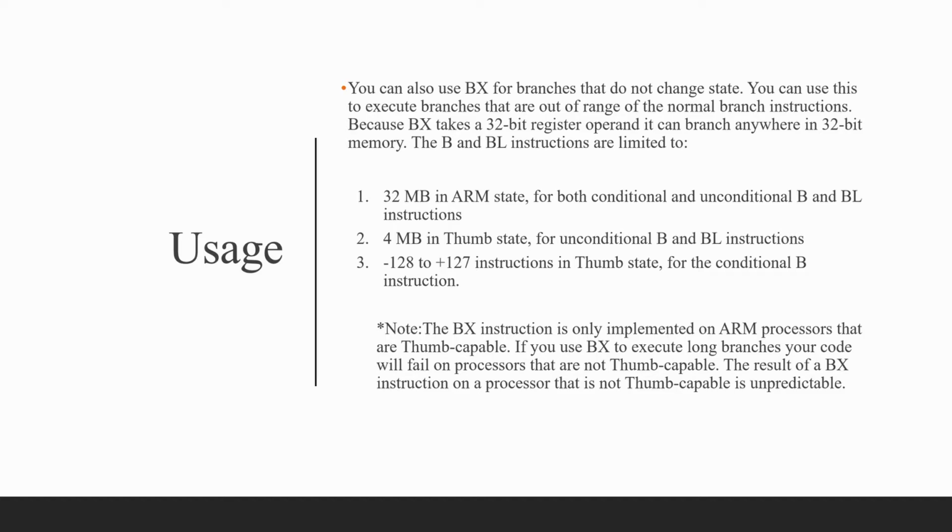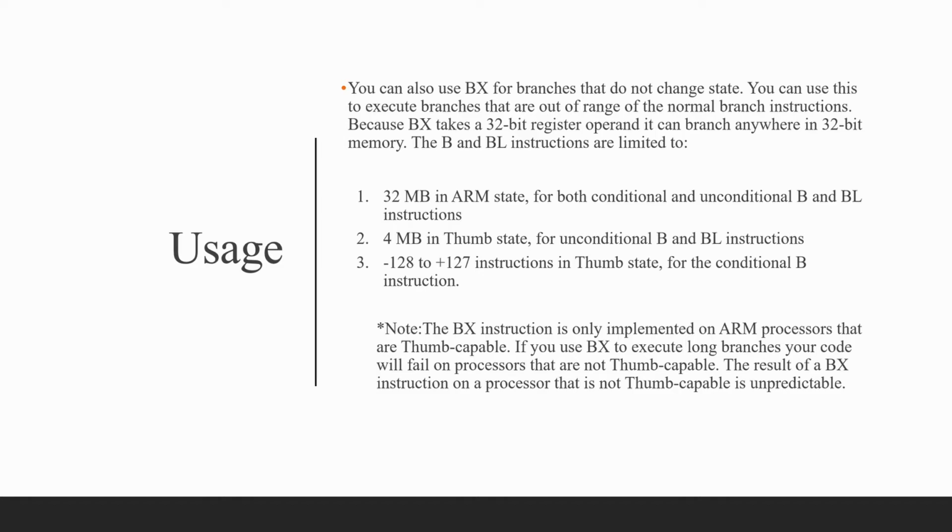The B and BL instructions are limited to 32 MB in ARM state for both conditional and unconditional B and BL instructions. Next, 4 MB in Thumb state for unconditional B and BL instructions. And lastly, negative 128 to positive 127 instructions in Thumb state for the conditional B instruction.